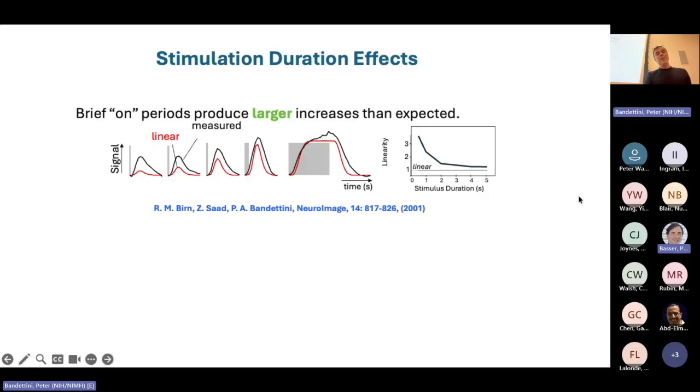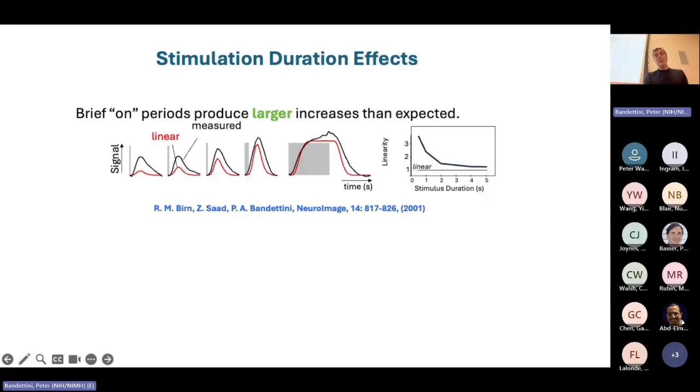And so with a linear system, you have this red line right here, that if you have a very brief response, you convolve that with a hemodynamic response, it will show this small activation. And then it grows as the duration goes up, which is expected from a linear system.